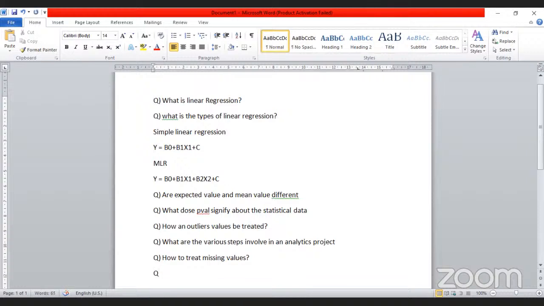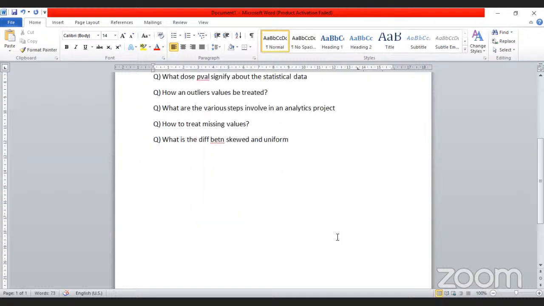So I think I have to go for the next question. And the next question is, what is the difference between skewed and uniform distribution?